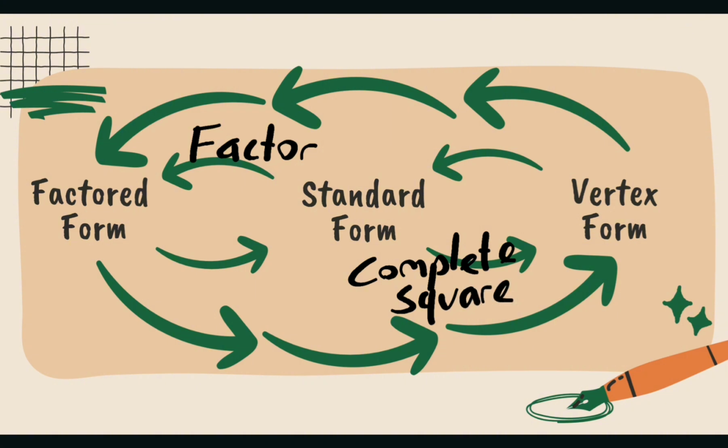So, what do we do when converting from vertex form to factored form or from factored form to vertex form? We could convert to standard form first and then convert to the other form, but that's not necessary. We can do it more quickly. When converting from factored form to vertex form, we can average the zeros.